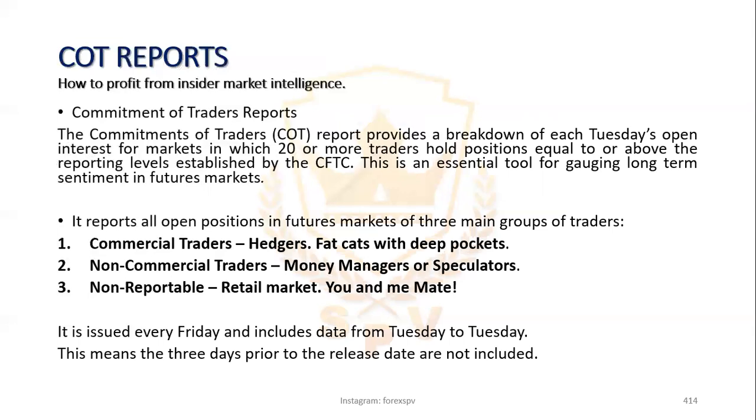We have the commercial traders, which are basically the hedgers or the producers, and the non-commercials, who are the large speculators, the money managers, or we can call them the consumers. And we have the non-reportable, which is the retail market. The COT report is issued every Friday, but it includes data from Tuesday to Tuesday. So 3 days of data, which is prior to the release date, are not included in the COT.